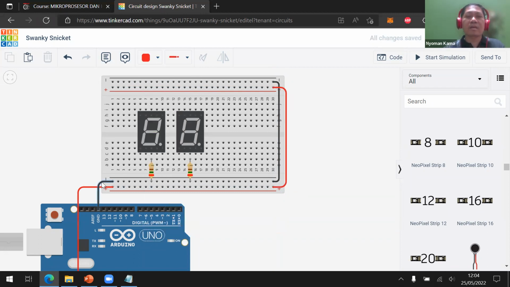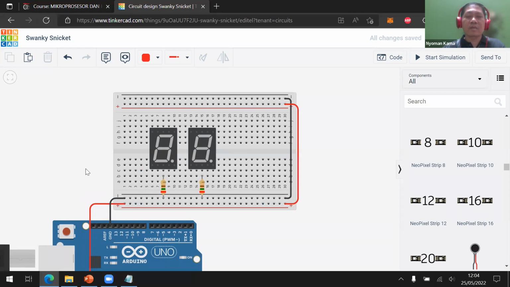Okay. Now, to turn on a 7 segment, we need at least 7 cables for each 7 segment. So we need 7 times 2, we need to use 14 cables.